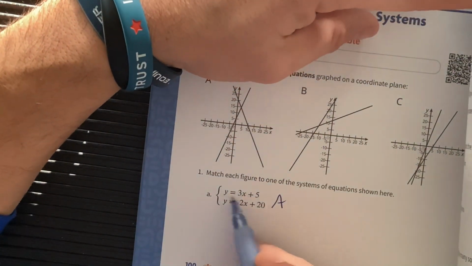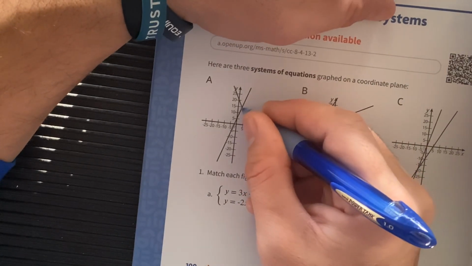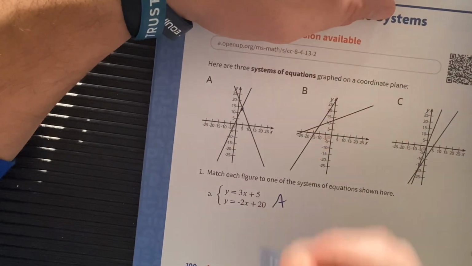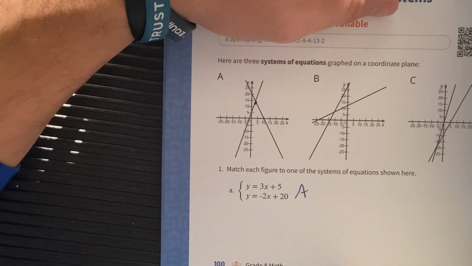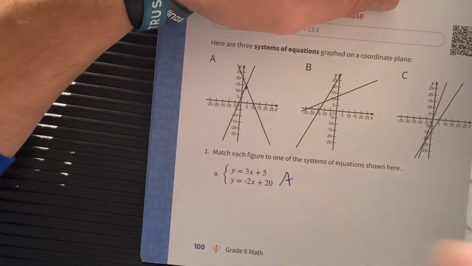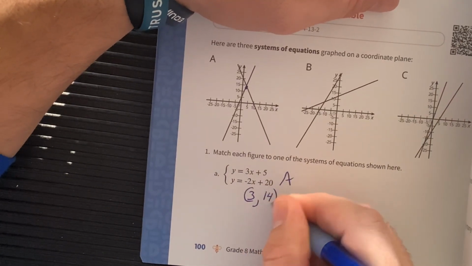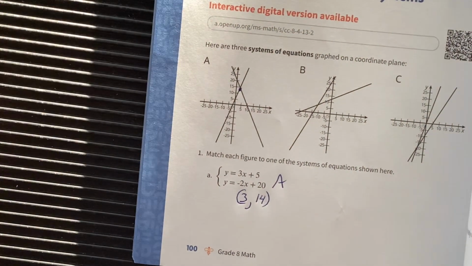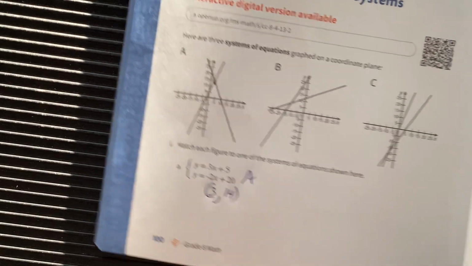Now, if you plug in 5 and 15, you would see that doesn't quite work. It is a little less than 5, and it's actually a little less than 14. You can't tell that by looking at the graph, so you'd have to plug it in for x and y to try it. It's actually 3, 14 is what would make it true, and you plug them both back in there, and they would be just fine. Both of them would be true. So that one is 3, 14.